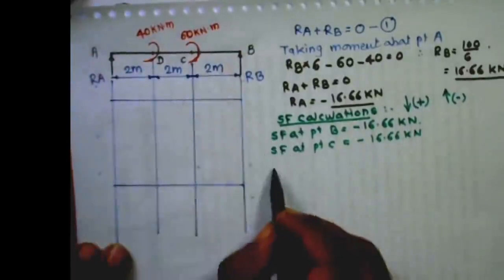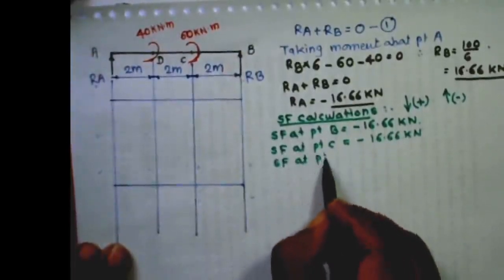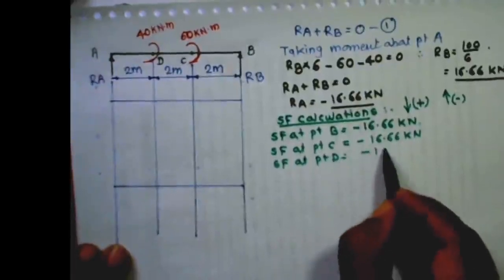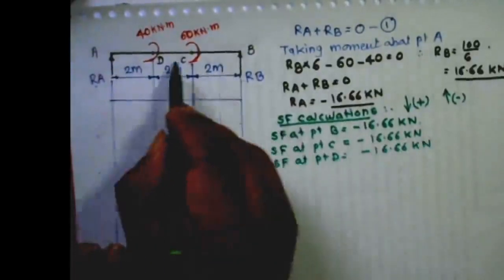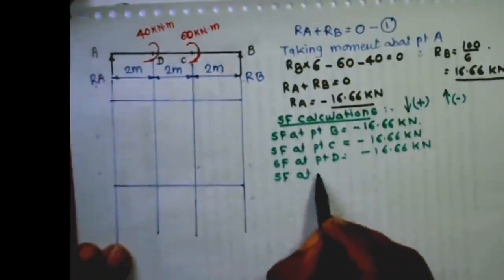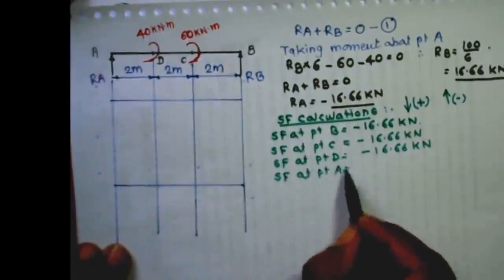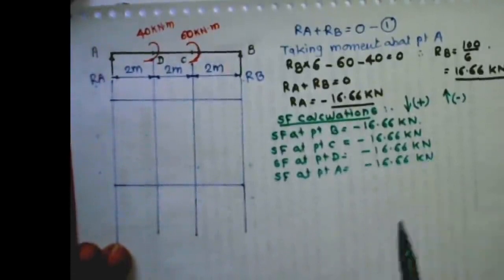Between the point C and D, again there is no force or no load acting at the point. So again we may say that value will be 16.66 kilonewton. That remains constant up to the point A. Shear force at point A is also minus 16.66 kilonewton.